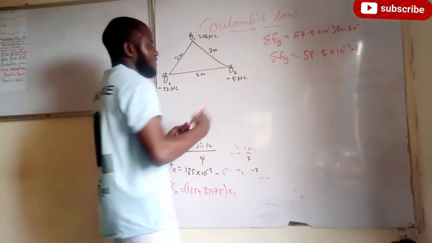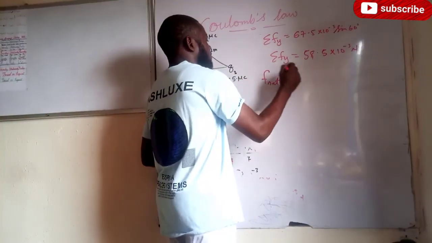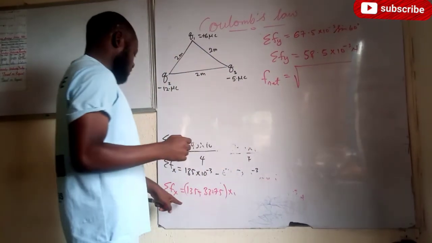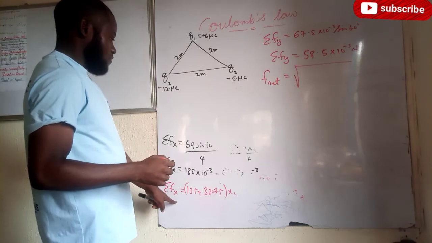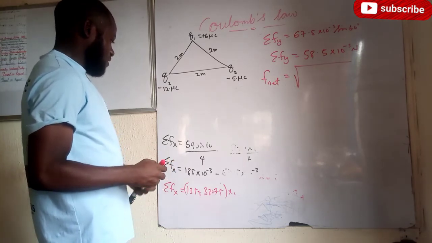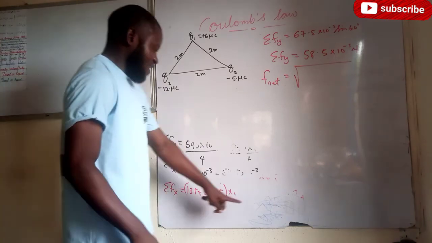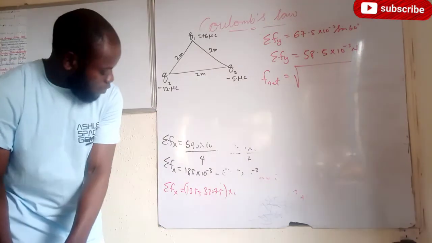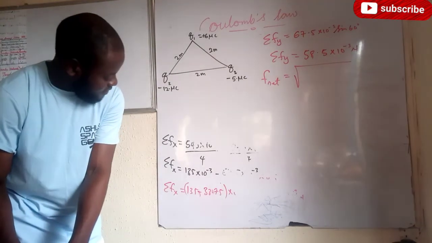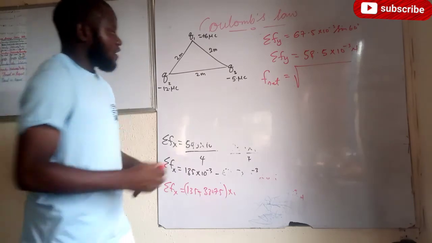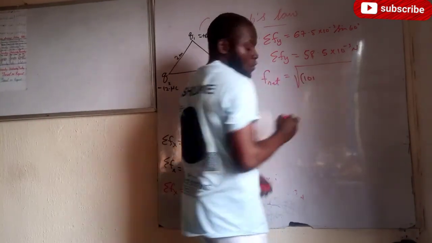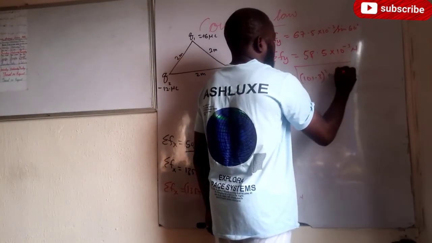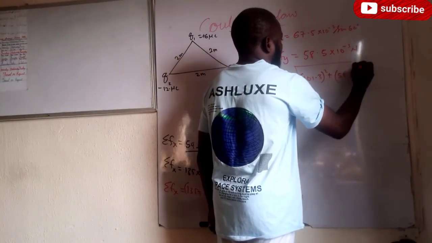So we therefore say that the net force on Q3 is the square root of our result here. Okay, I think there's a problem now. We forgot to write this down. So now we be, okay, we can get that easily. 135 minus 33.75. Okay, so that will be 101.3 all square plus 58.5 all square.